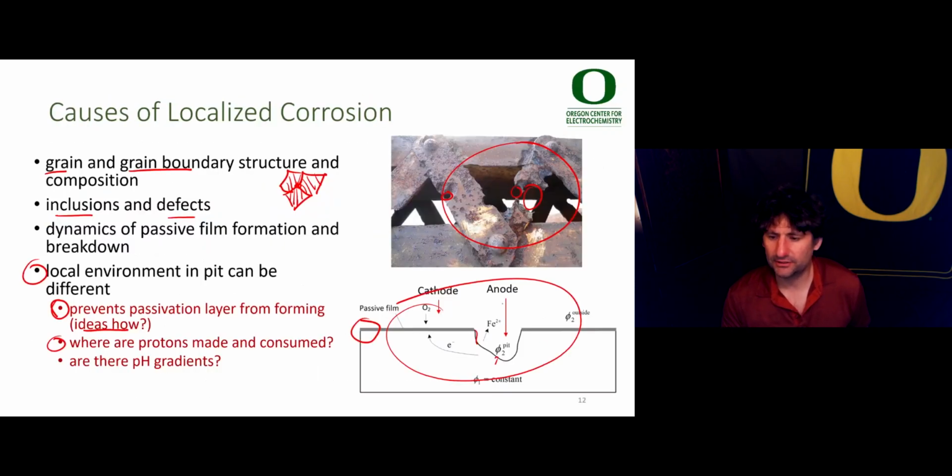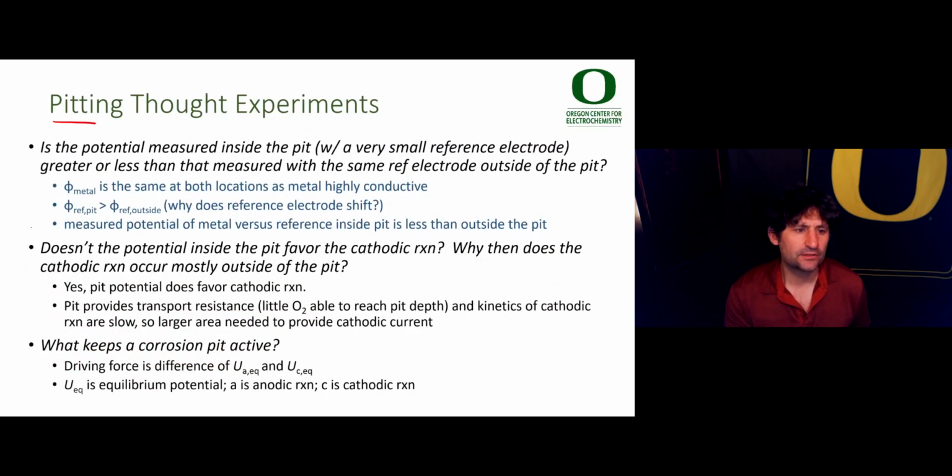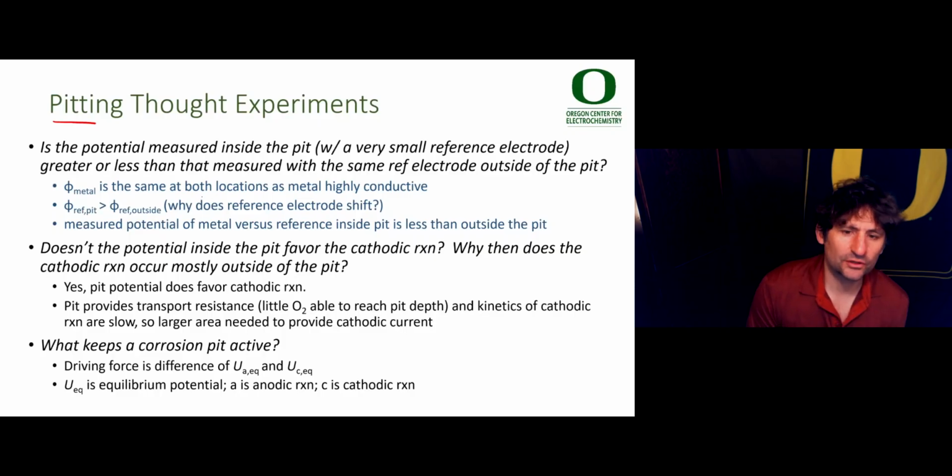You could imagine if I had a nano electrode or micro electrode, I could put a reference electrode in here, and an identical reference electrode out here, and measure the voltage. And I could ask, are those reference electrodes the same? And the answer is no. They're at different electrostatic potentials, and that will show up in the voltage you measure. So I'd like you to think about that a little bit in our in-class work today.